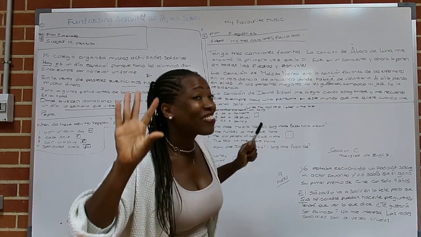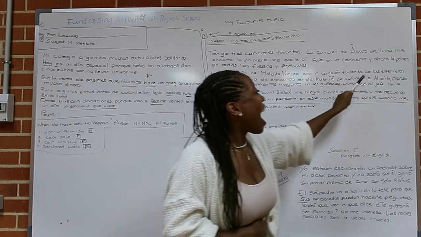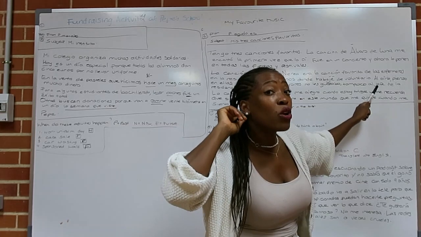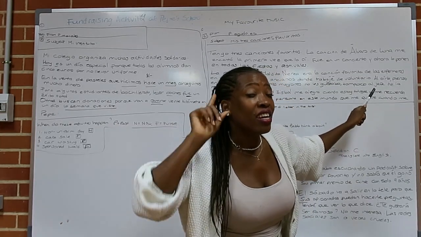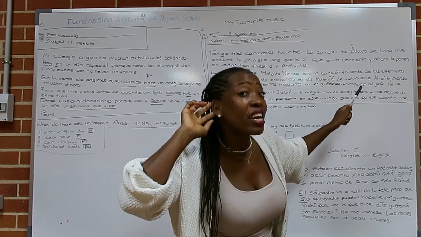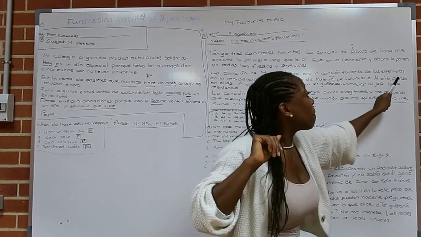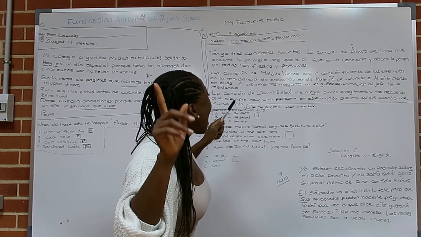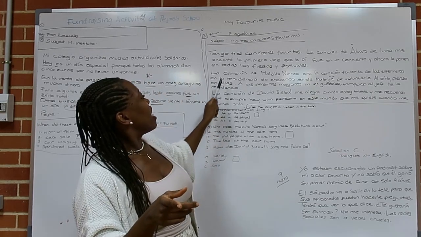Keywords, lots of keywords for you there. Al oírla, when I hear it, love that structure. Al oírla, when I hear it, pienso. What's pienso? That's right. I think en ellas.